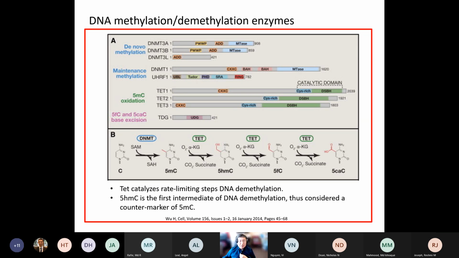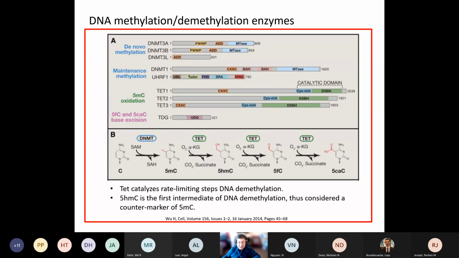So it takes multiple steps. Basically, first you have the first oxidation, second oxidation, further oxidation. Eventually, the methyl group becomes a carboxyl, and then this carboxyl will be removed.